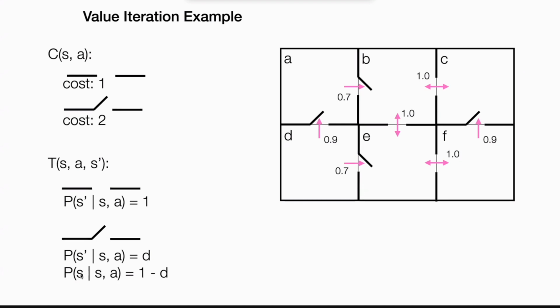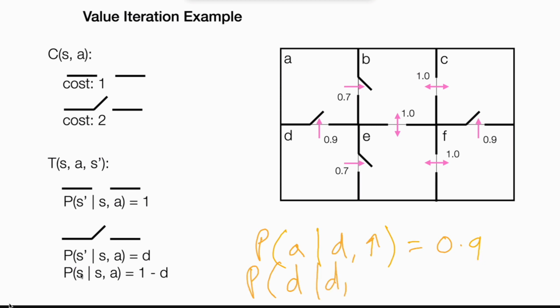So if we look at the example here, the probability of being in state A, given that I'm in D and I move up, equals 0.9, and the probability that I'll be in state D, given that I'm in D and I go up, equals 0.1.